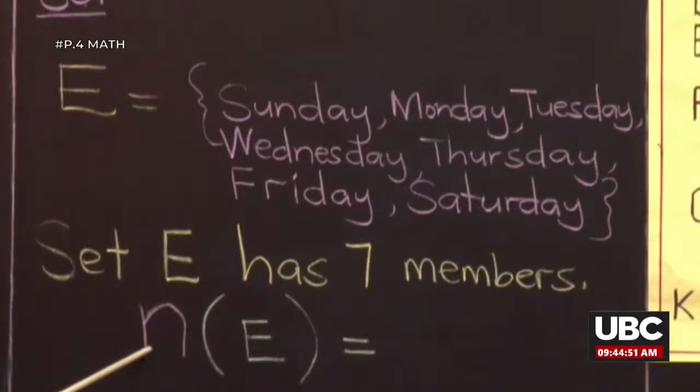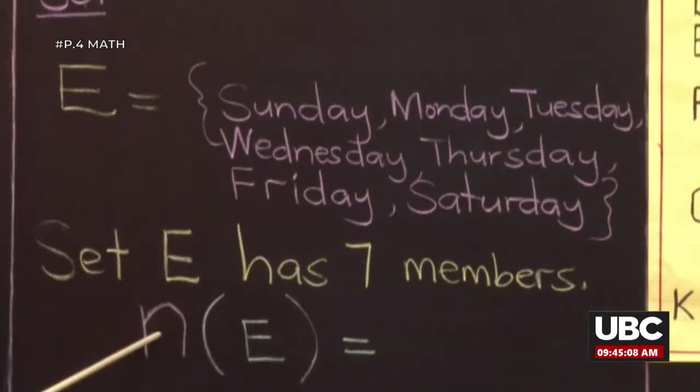This n stands for number, so it reads: number of members in set E.